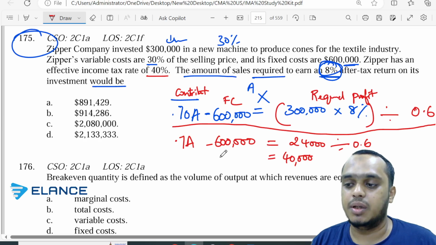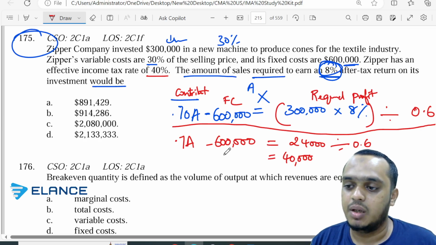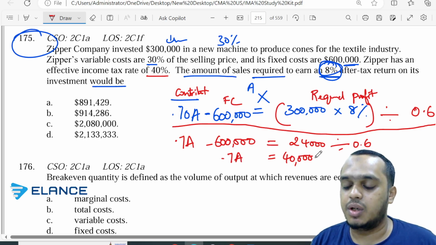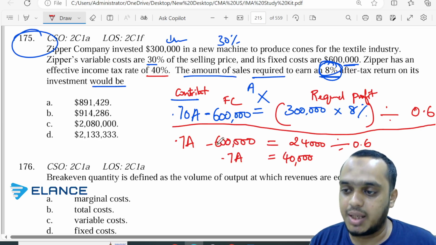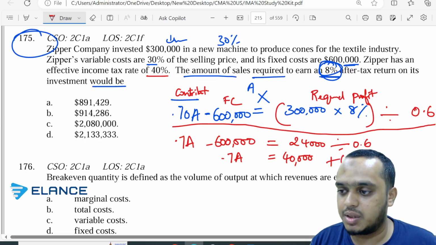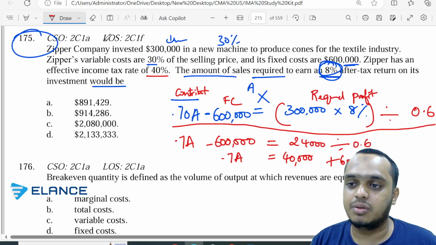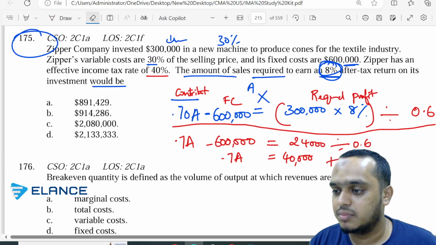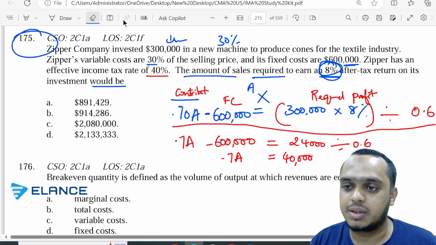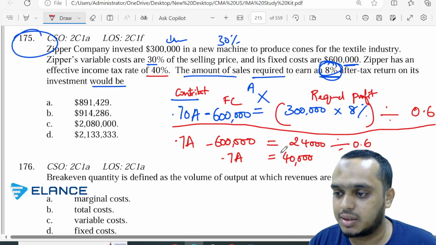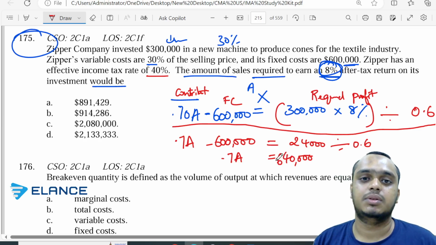So what I can do here is make this 0.7A equal to 40,000 plus 600,000. Why do I take all the steps again and again? Just put this as 640,000.